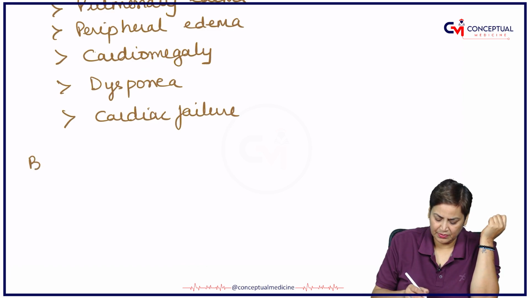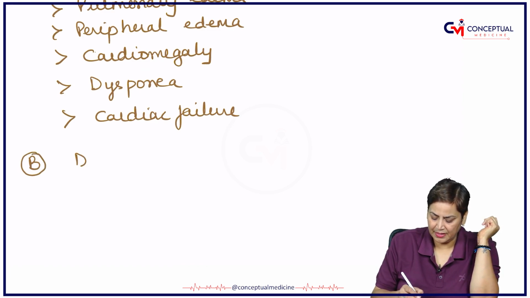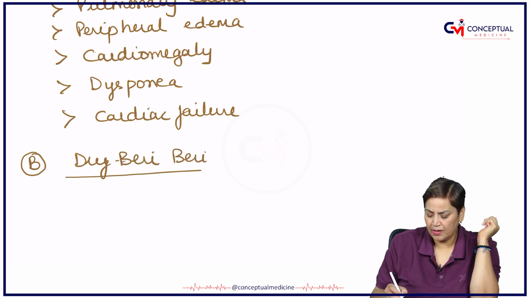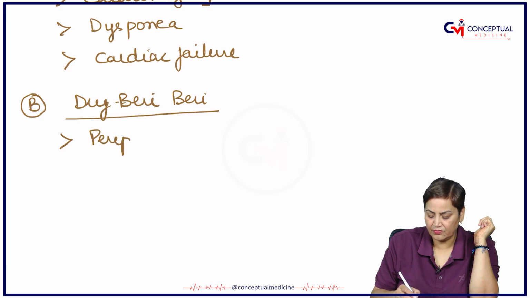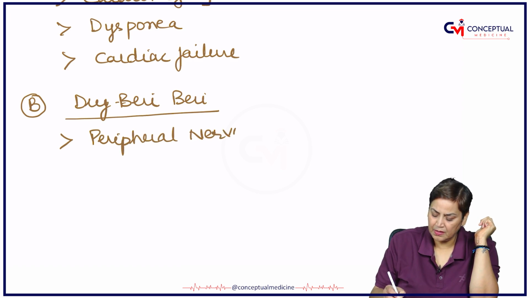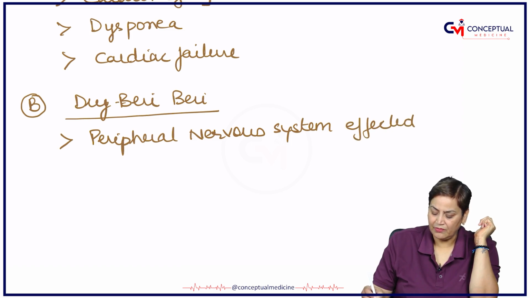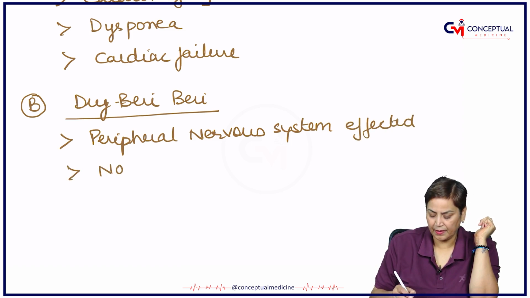So next comes dry beriberi. Now in dry beriberi, basically peripheral manifestations will be there, or you can say the peripheral nervous system will be affected, but no edema will be there, right?